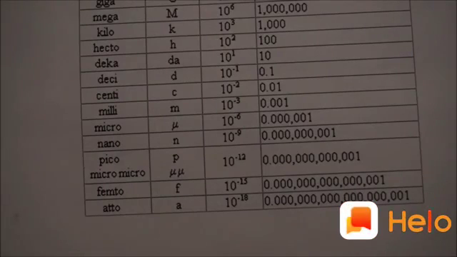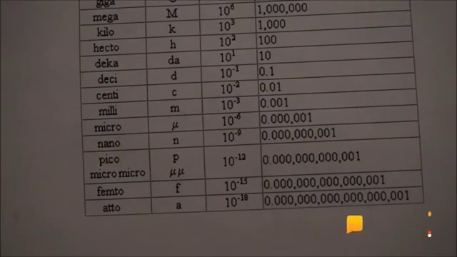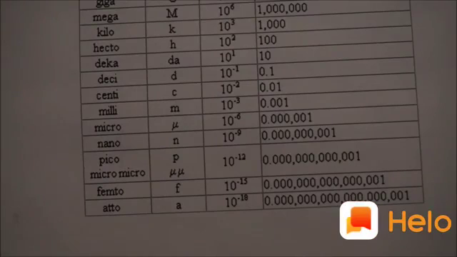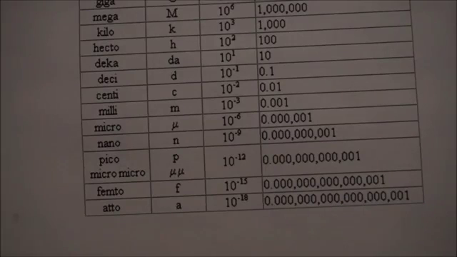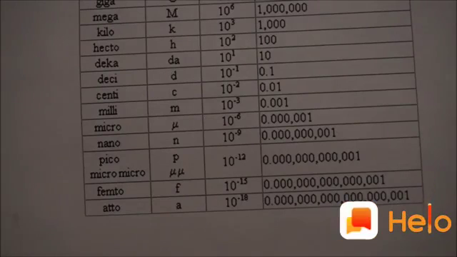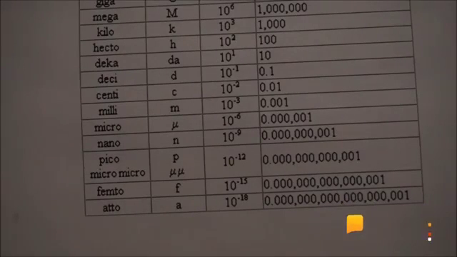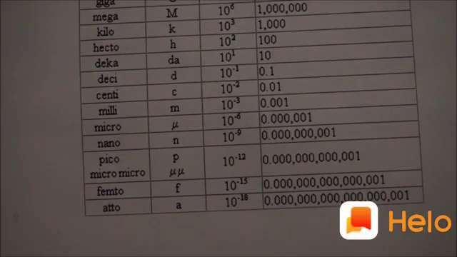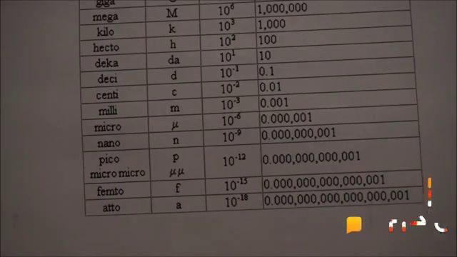So when we're talking about farads, that's a value of capacitance, and it's a very small value. Your typical capacitance values are going to be usually in at least the micro range, and more than likely a lot of them are going to be down in the pico range.